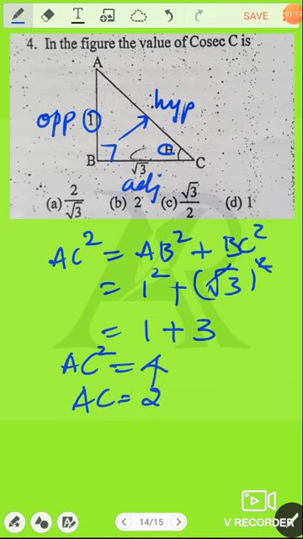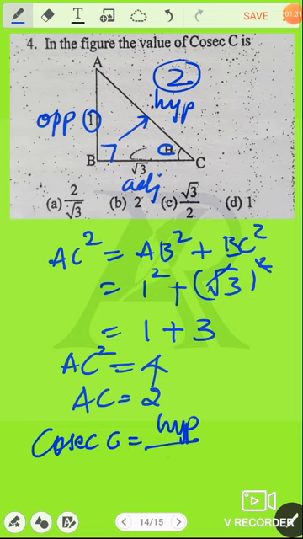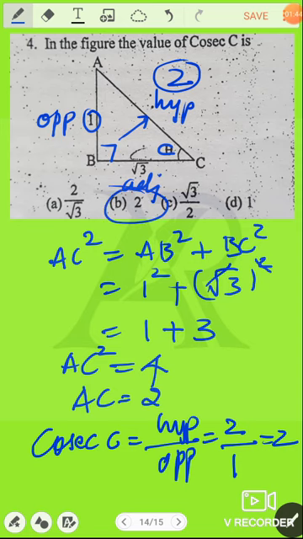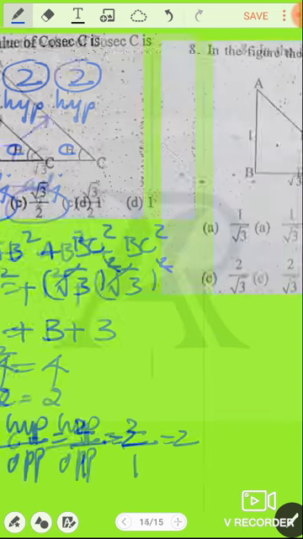If I take square root, I will get 2. Now I have got hypotenuse as 2. They are asking us to find the value of cosecant C. Cosecant is hypotenuse by opposite. Hypotenuse is 2 and opposite is 1. By using this, 2 by 1 is nothing but 2. Option B is the correct answer. Let us see the next question.